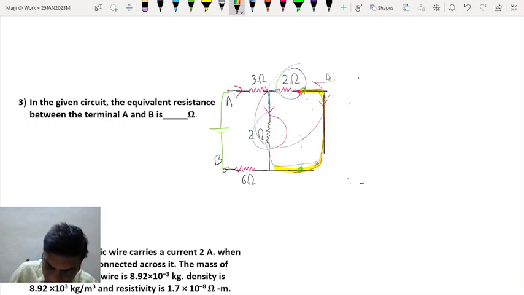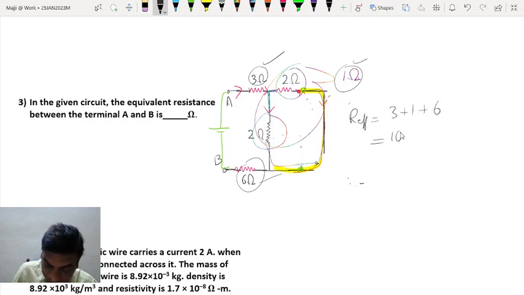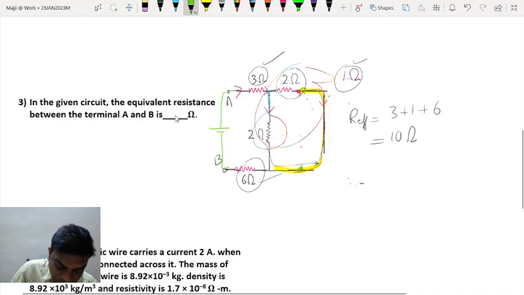So 2 and 2 in parallel will be 1 ohm, and this 3 ohm, this 1 ohm, and this 6 ohm are in series. In series you add them to get the effective resistance. So 3 plus 1 plus 6, that is 10 ohm. So 10 ohm is the correct option.